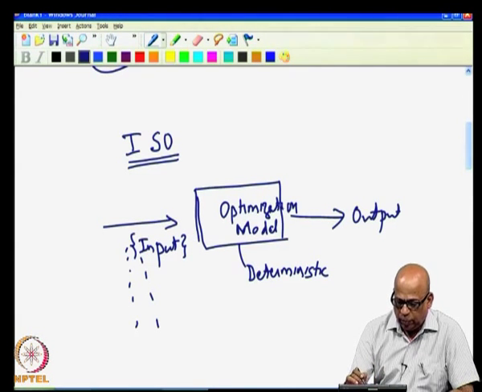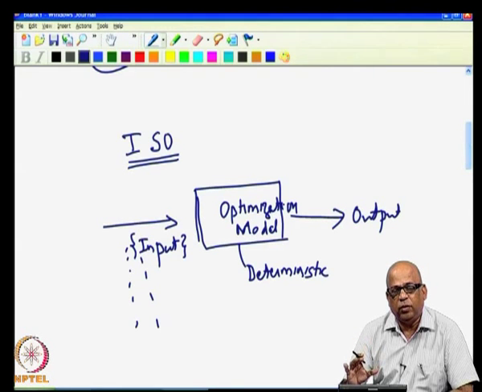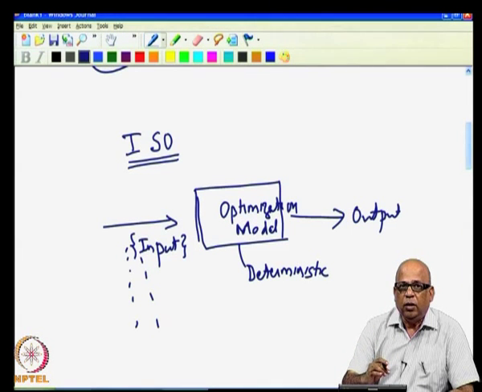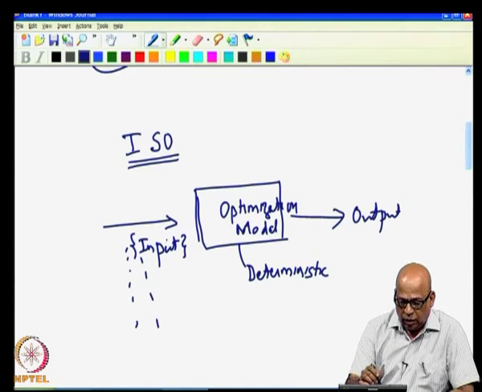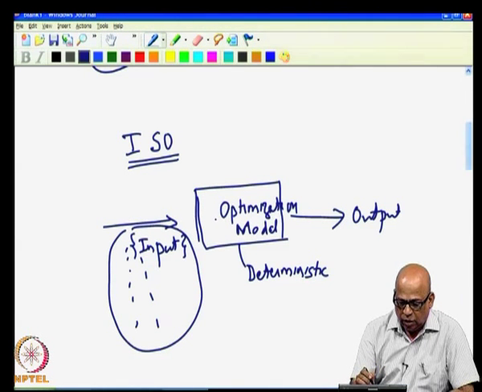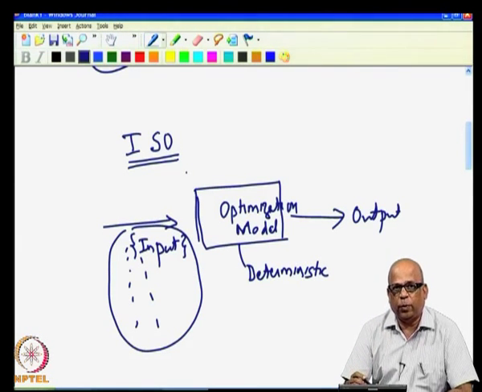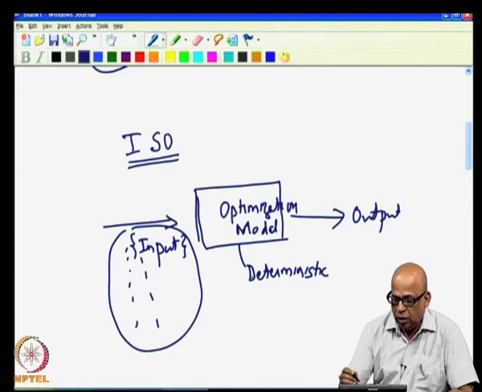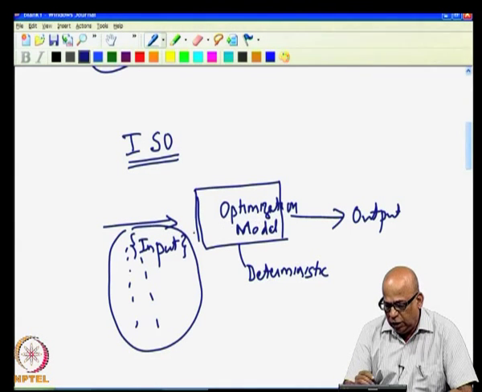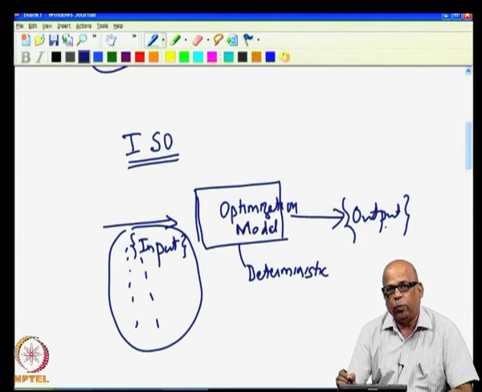So, run this optimization model, which is essentially a deterministic optimization model, for several sequences of inflows, and therefore, we are considering the randomness associated with the stream flows outside of the optimization model, and therefore, it is an implicit stochastic optimization. Associated with each sequence of inflow input, you get one sequence of output.